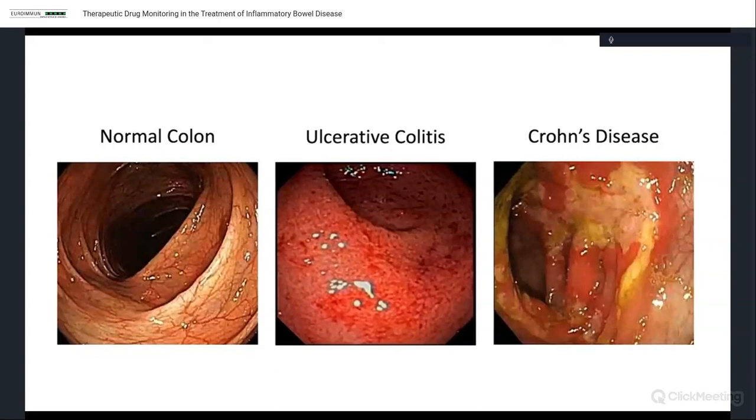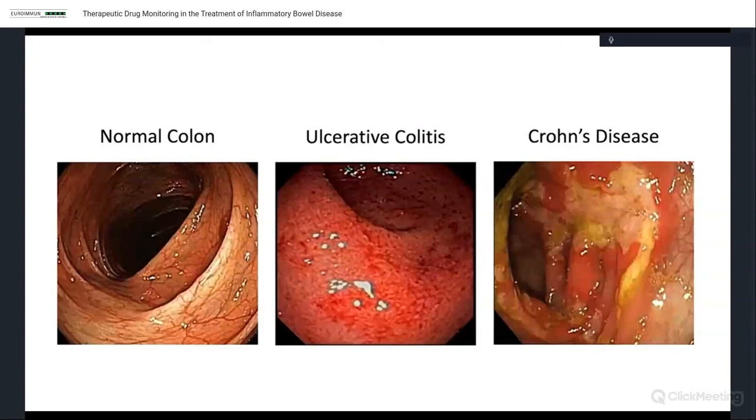You do not see the blood vessels any longer under the surface, and you have this granular, diffuse inflammation. And then on the right, you see a picture from a patient with Crohn's disease, characterized by this deep linear ulceration. But you see adjacent to it fairly normal tissue, highlighting the patchy nature of Crohn's disease.